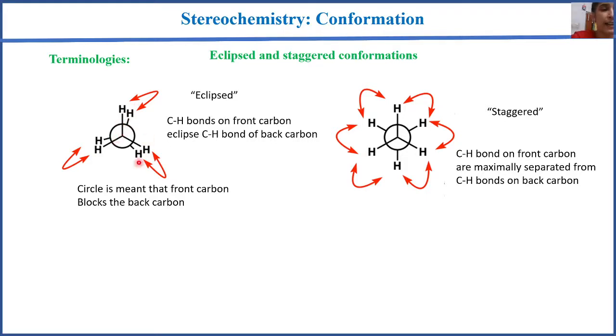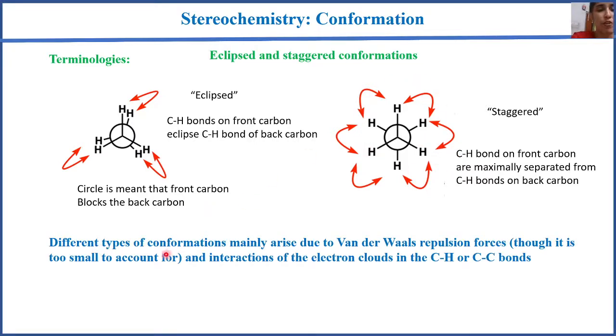This circle means that the front carbon blocks the back carbon. Now this one is the staggered ethane. The C-H bonds of the front carbon are maximally separated from the C-H bonds of the back carbon. So this is the staggered conformation of ethane.